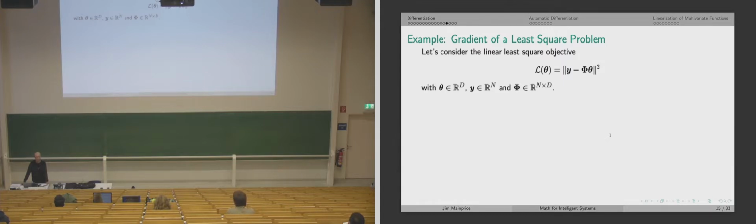But just give me one way. Yeah? So how would we solve a linear least square problem? Actually, we are looking for theta. How do we find theta such that this is minimum?